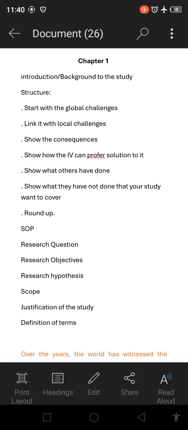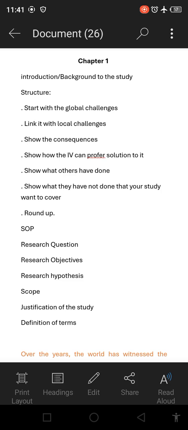Alright, let's dive deeply into what introduction or background to the study is all about. Typically, the introduction to the study has its own structure. In modern days, if you want to write a research project that is catchy, that draws people's attention to your work, your introduction is very, very important because it is the first thing that your supervisor or any reader who picks up your work is going to see.